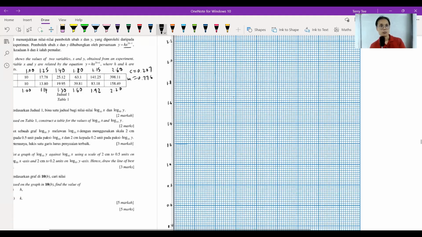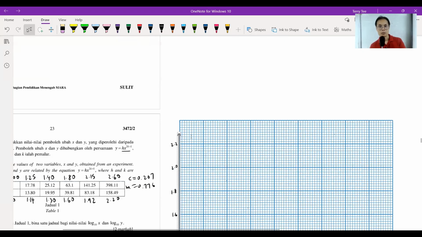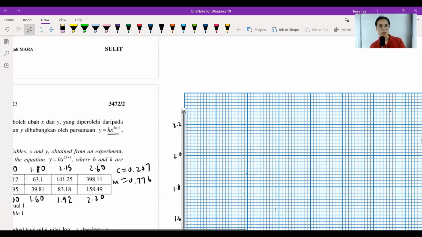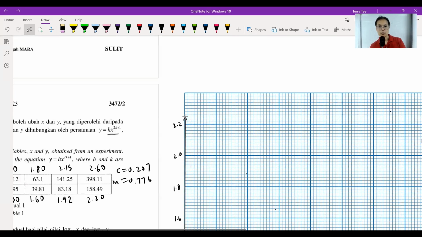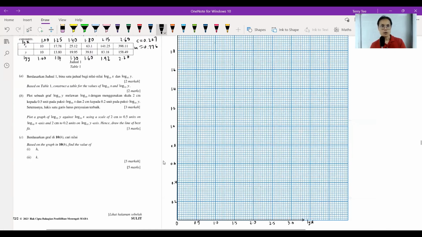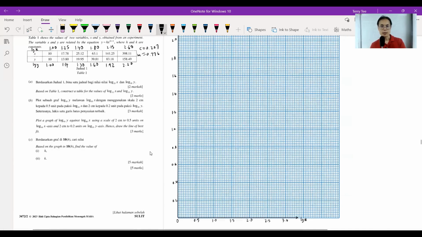Okay, let me adjust this. It doesn't look very nice. Okay, this is straight. This is LGY. Now next we have to plot the points one by one. Starting with 1, 1. 1, 1 will be here.